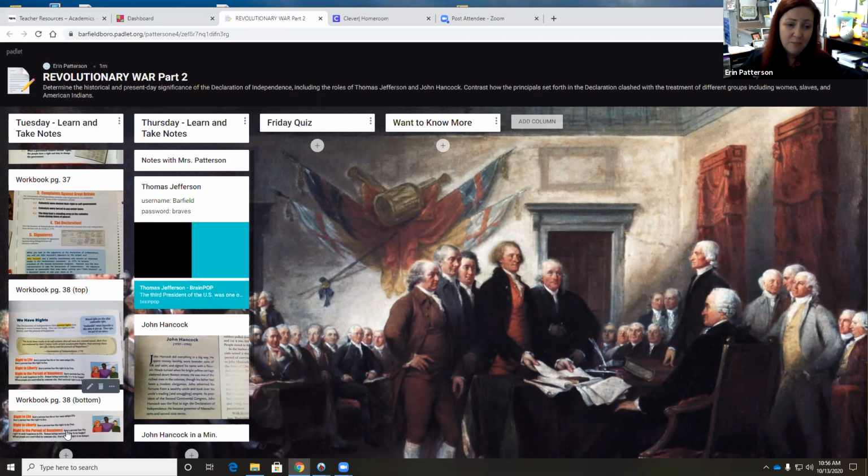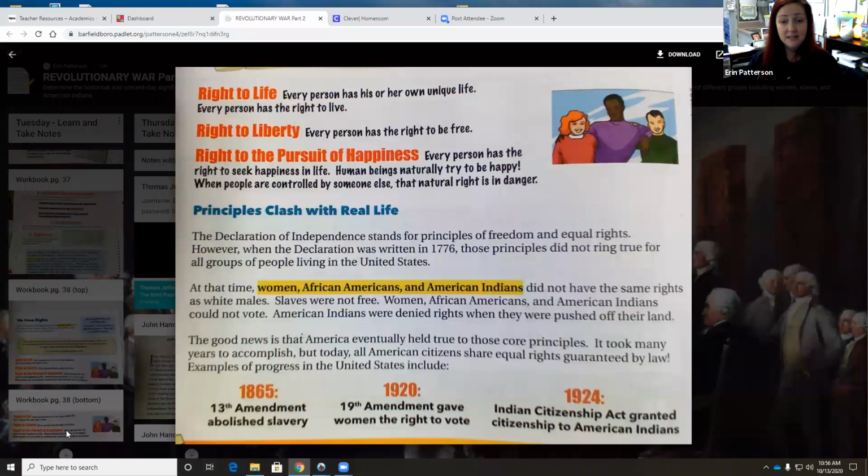And so you'll see at the bottom of 38 that in 1776, not everyone had the same rights. It says principles clash. When things clash, they go against each other with real life. The Declaration of Independence stands for principles of freedom and equal rights. However, when the Declaration was written in 1776, those principles did not ring true for all groups of people living in the United States.